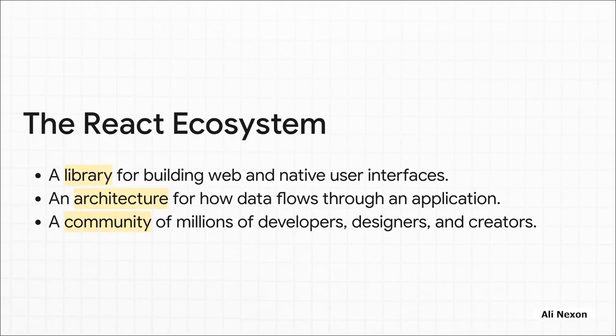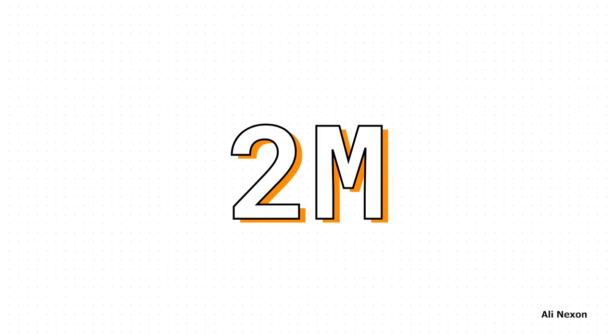And maybe most important, it's this massive global community. And when I say massive, I mean it. Get this, over 2 million developers check out the React docs every single month. That's insane. It means if you run into a problem, odds are somebody has already figured it out. You're never really on your own when you're building.